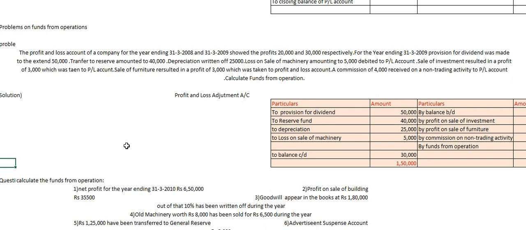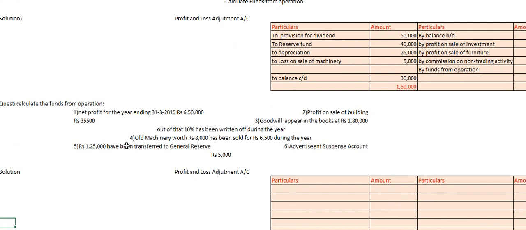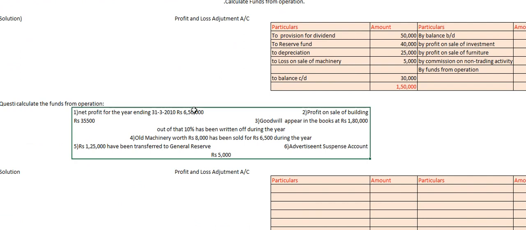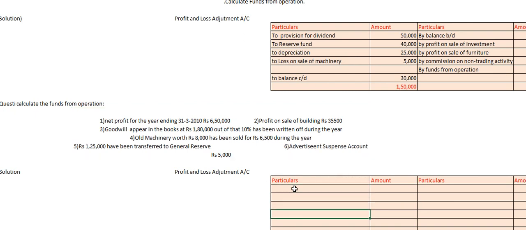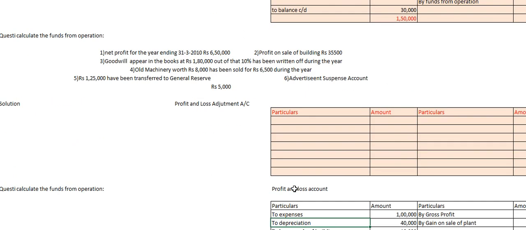So your next question, calculate the funds from operation. Net profit for the year ending 31/12/2010. So if it's a net profit, it will be taken as to net profit carried down.